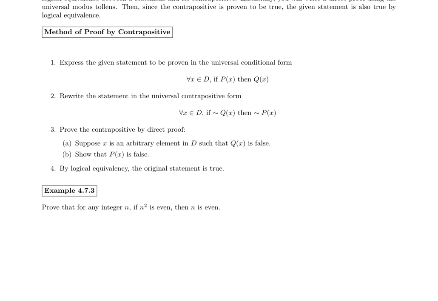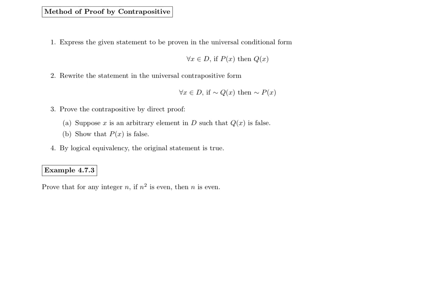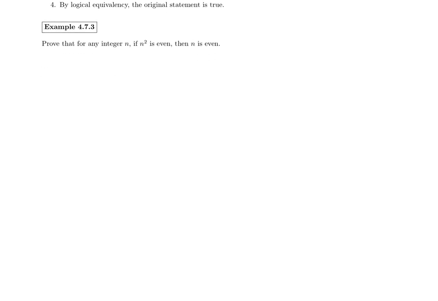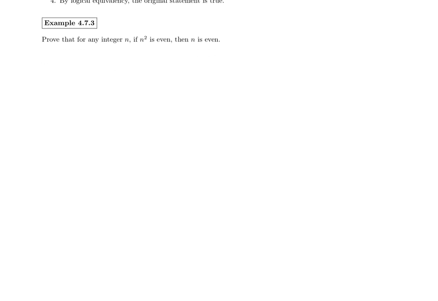Let's try an example. So in example 4.7.3, I said prove that for any integer n, if n squared is even, then n is even. If you try to prove this by direct methods, you would say, suppose n squared is even. Then you would say that n squared equals 2k. How does that show that n is even?